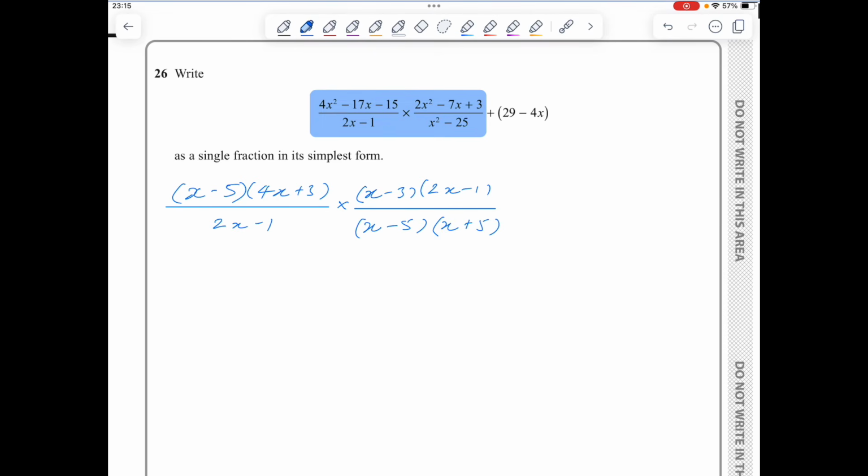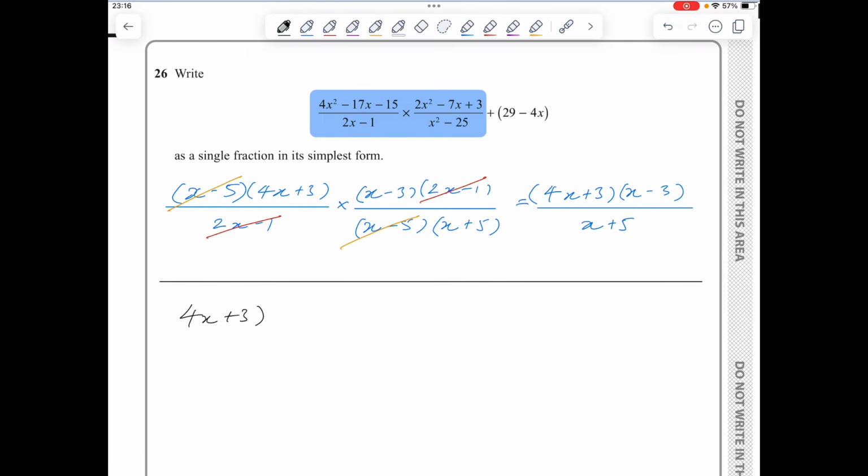And now I can cross out the 2x minus 1 with the 2x minus 1 and also the x minus 5 with the x minus 5, and I'll be left with 4x plus 3 times x minus 3 over x plus 5. So let's go to the original expression.